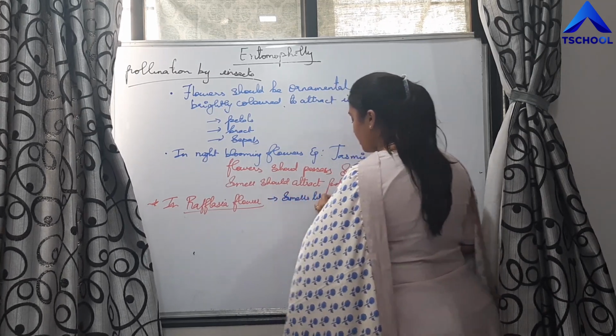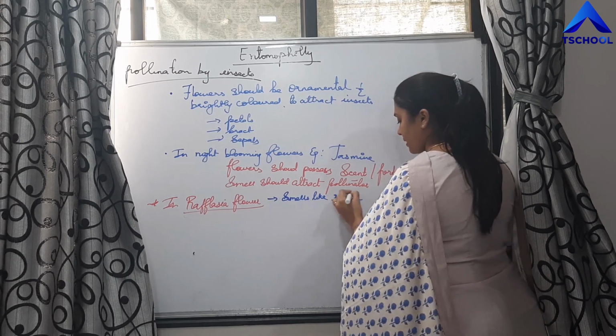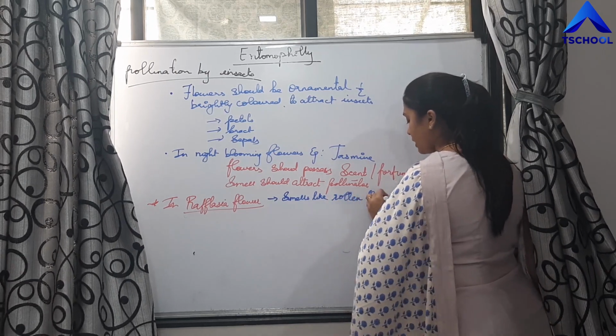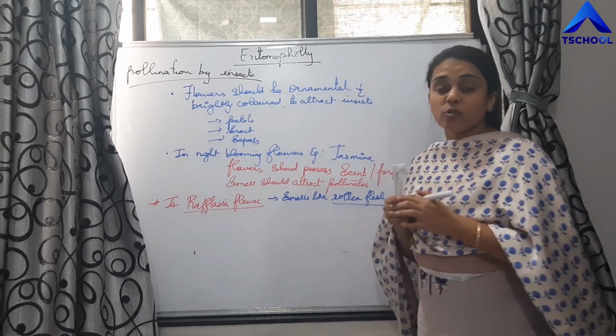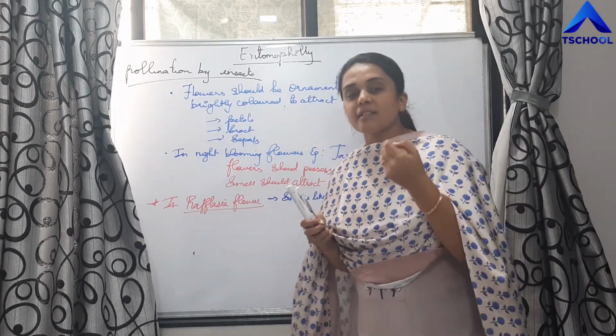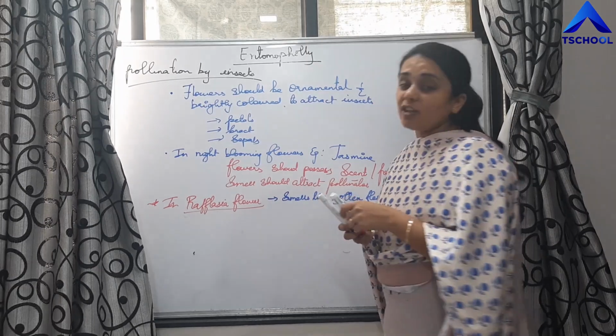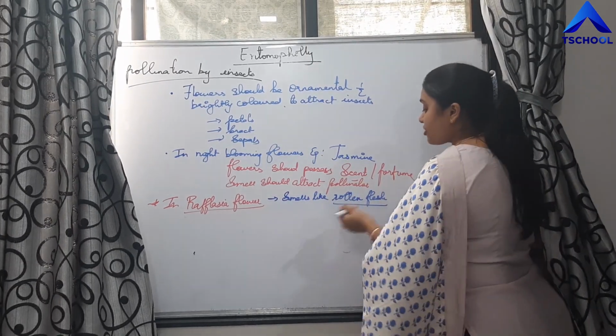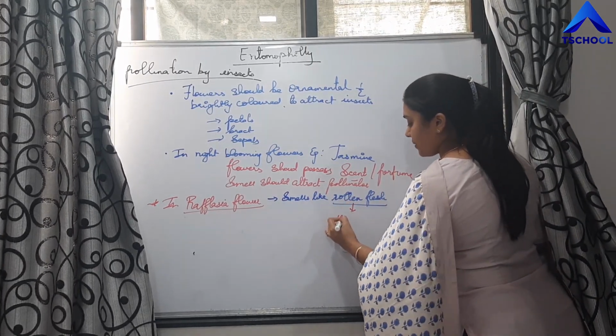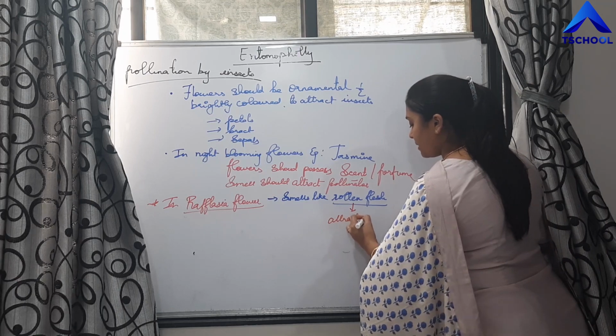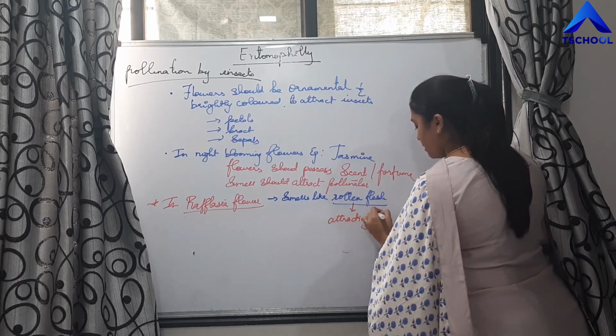It smells like a rotten flesh. Very important. So its smell is not good. It smells like a rotten vegetable or flesh. But this kind of smell is attracting pollinators.